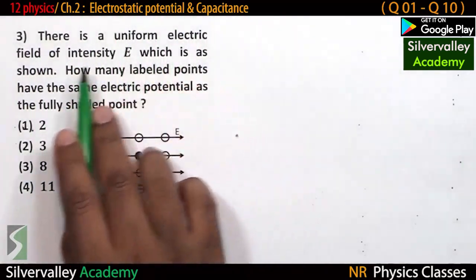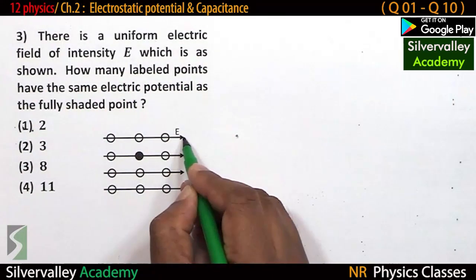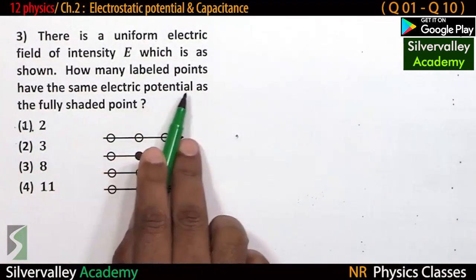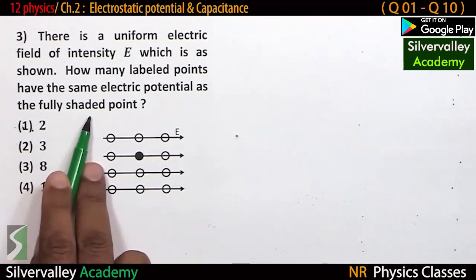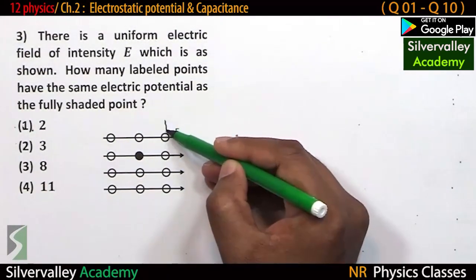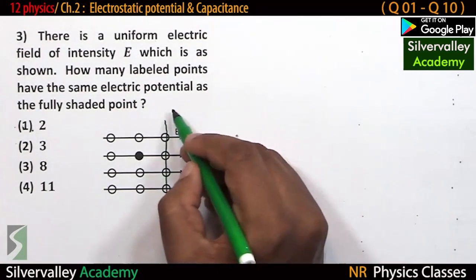There is a uniform electric field of intensity E, which is as shown. So this is E. How many labeled points have the same electric potential as the fully shaded point? If we draw a perpendicular, then this line is the equipotential line.